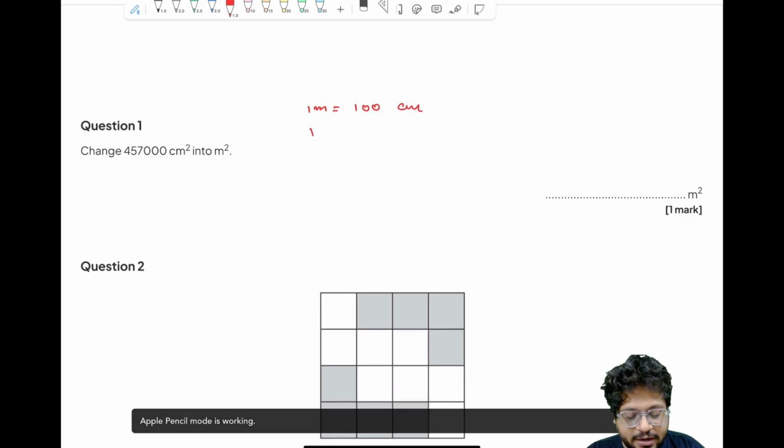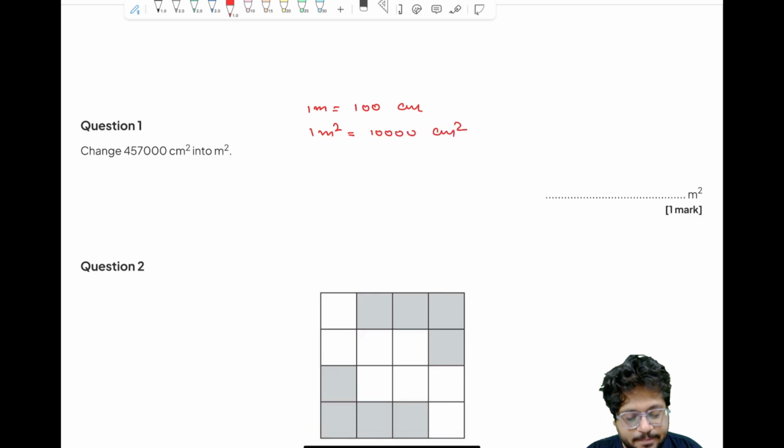So if you square it, 1 meter square is equal to 100 square, which is 10,000 centimeter square. So using this conversion, I can say that 10,000 centimeter square is only 1 meter square.